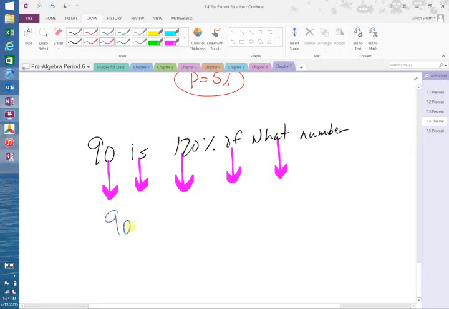So 90 equals 1.20 times B. 120% change to a decimal.